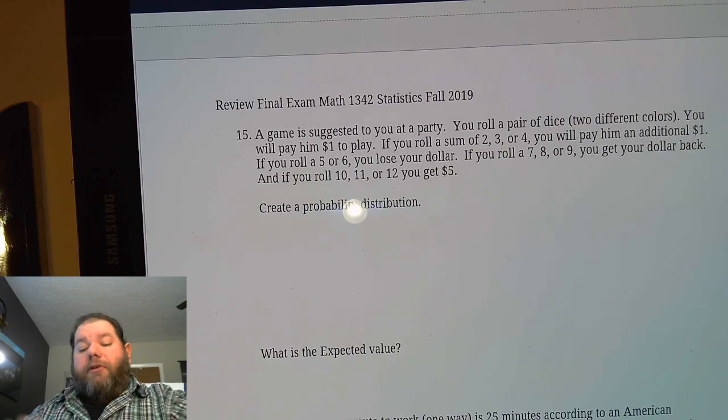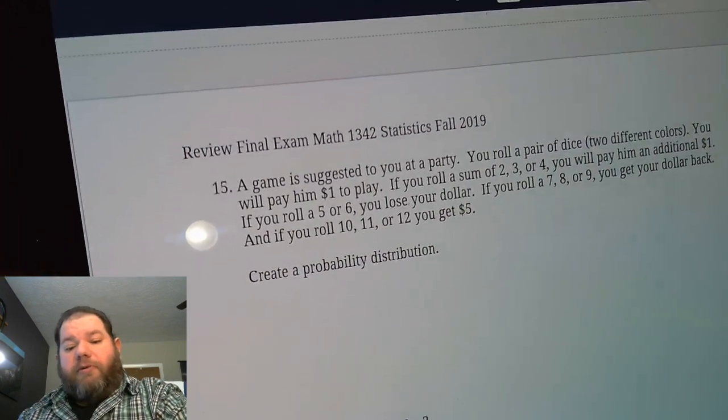Now, I do want to make some notes about creating our probability distribution.